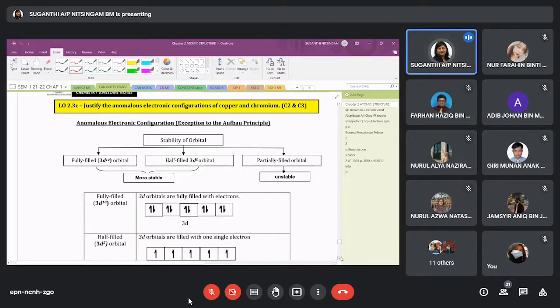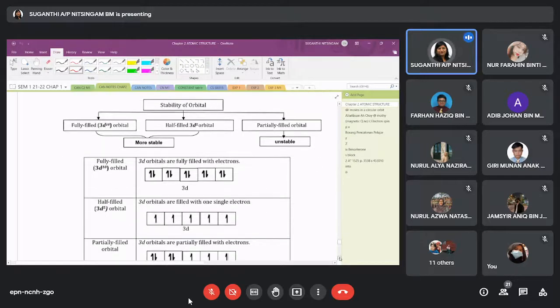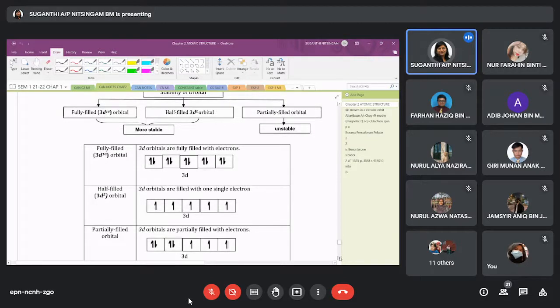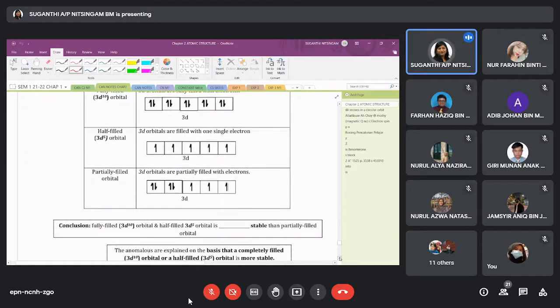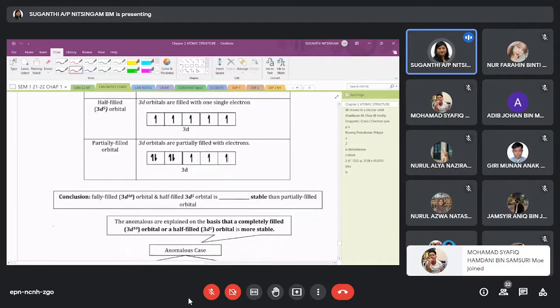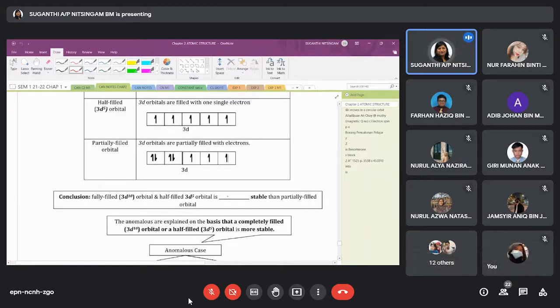If it is fully filled or half filled, it is more stable than partially filled. So look here. If 3d is fully filled, it is more stable. Half filled 3d5 is more stable. Partially filled is less stable. Conclusion: fully filled 3d orbital and half filled 3d orbital are more stable than partially filled orbital. Try to understand this first.